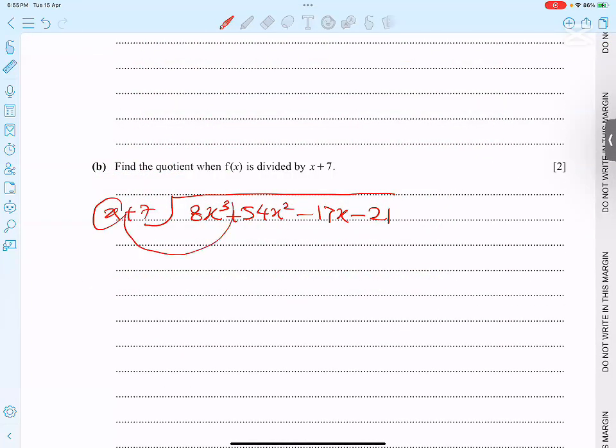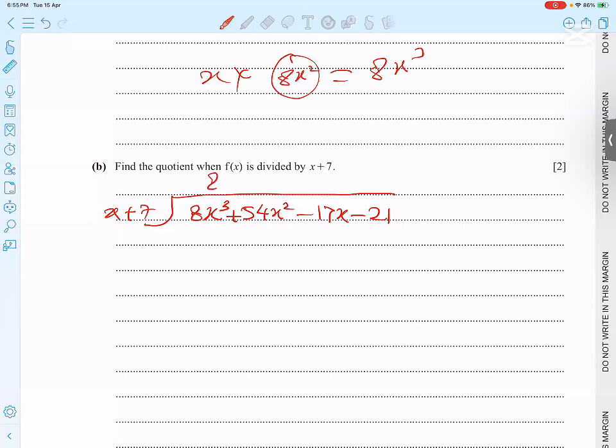X multiply what gives you this answer? So x multiply what gives you 8x to power 3. So 8x to power 2. So 8x power 2 multiply with both values, I get 8x cube, 56x to power 2.